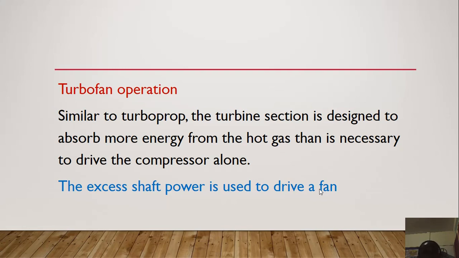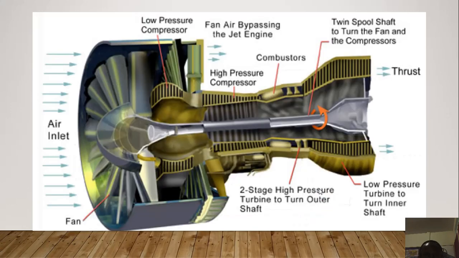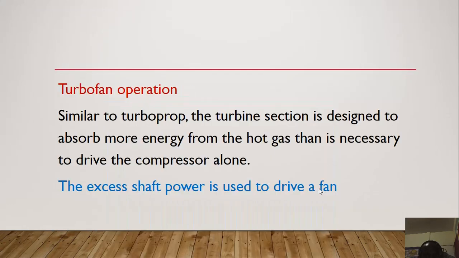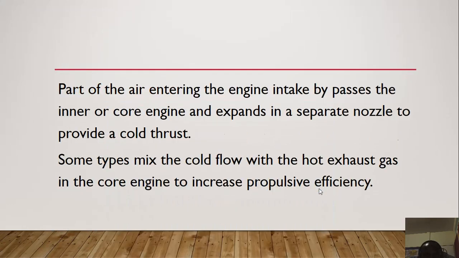We see that the shaft is the twin spool shaft that turns the fan and the compressors. Part of the air entering the engine intake bypasses the inner or core engine and expands in a separate nozzle to provide a cold thrust.